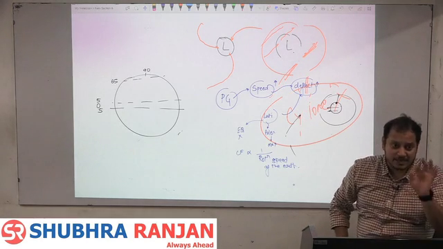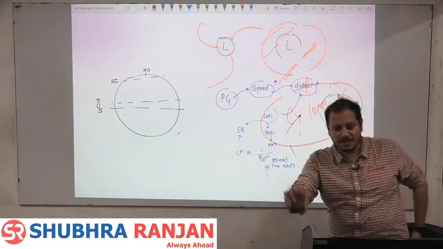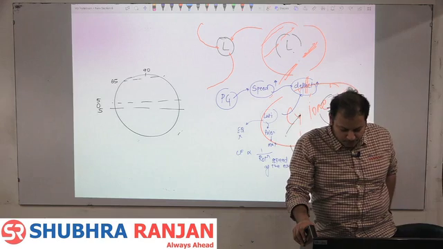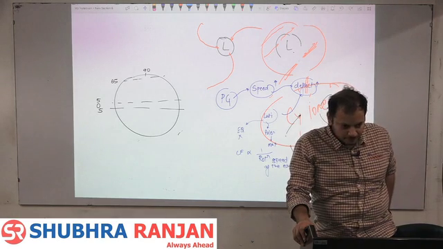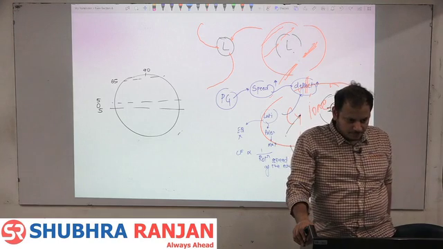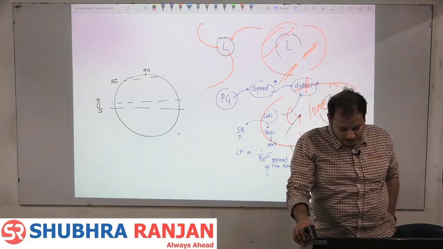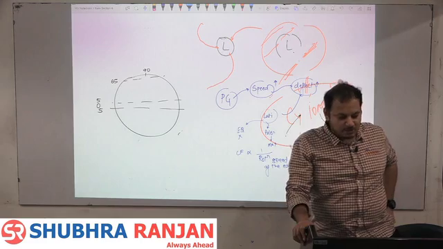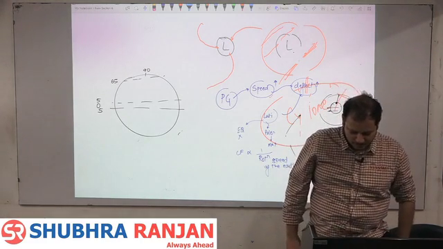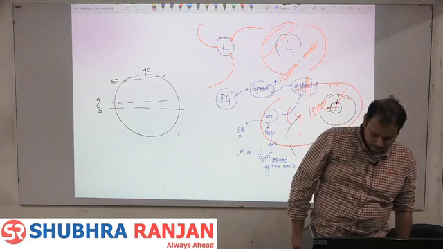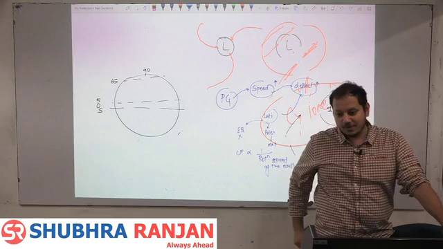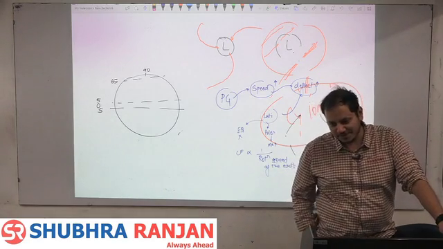Coriolis force is directly proportional to, अब समझ में आएगा his doubt. The Coriolis force is directly proportional to, first, horizontal velocity of moving body.